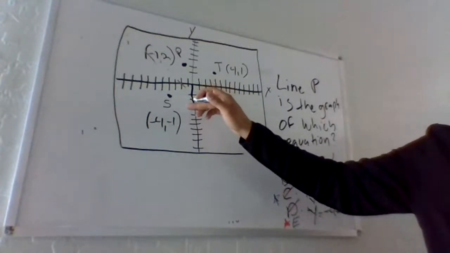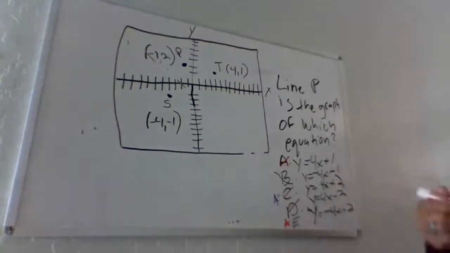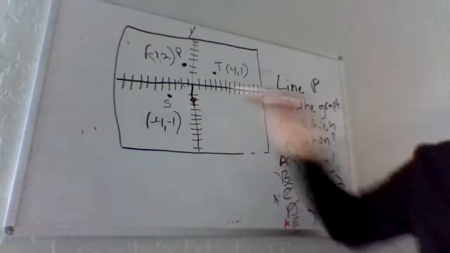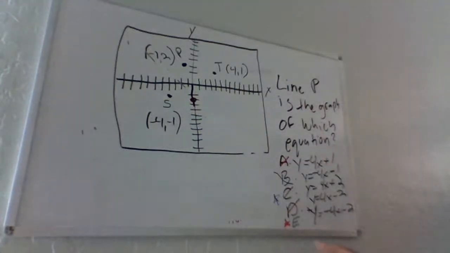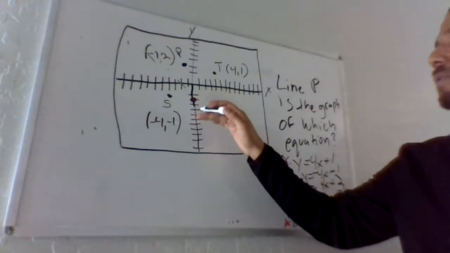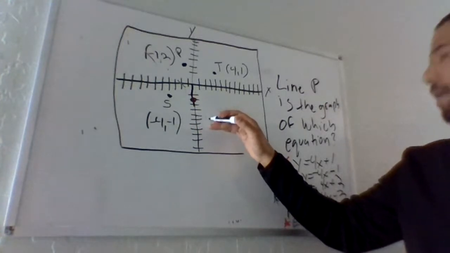It's 1, 2. So we're going to start off at -2. And it says here that we're going to fall 4 and run 1, just like we did before. 1, 2, 3, 4. And we're going to run another one.